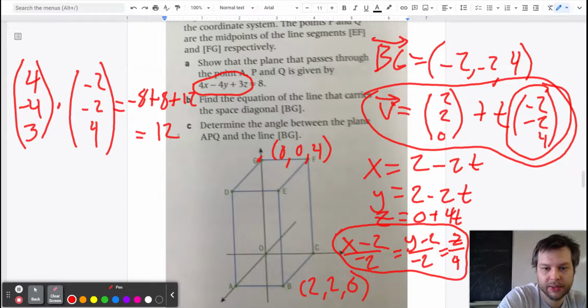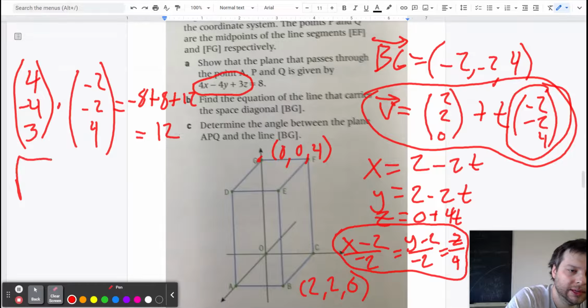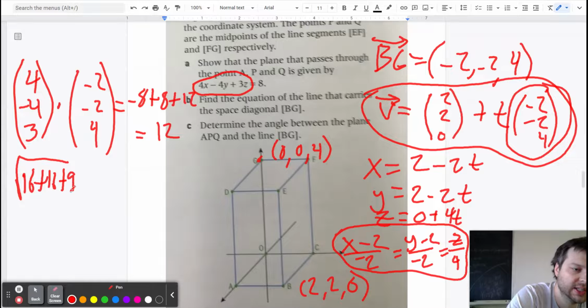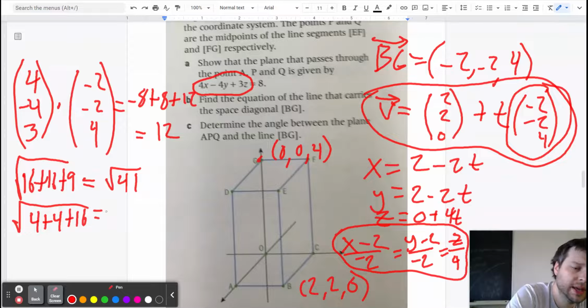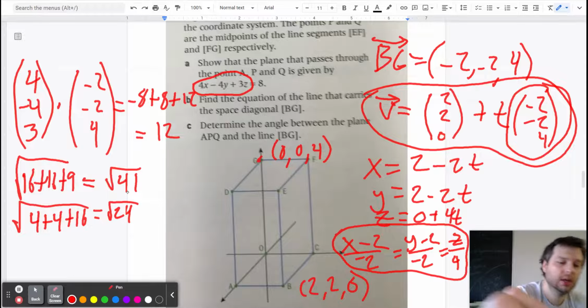So the magnitude of the plane equation's normal vector, so the magnitude of this is the square root of 16 plus 16 plus 9, because that's 4 squared and 4 squared and 3 squared. So what does that make? Square root of 41, I believe. And then the other vector's magnitude is the square root of 2 squared plus 2 squared plus 4 squared, square root of 24.